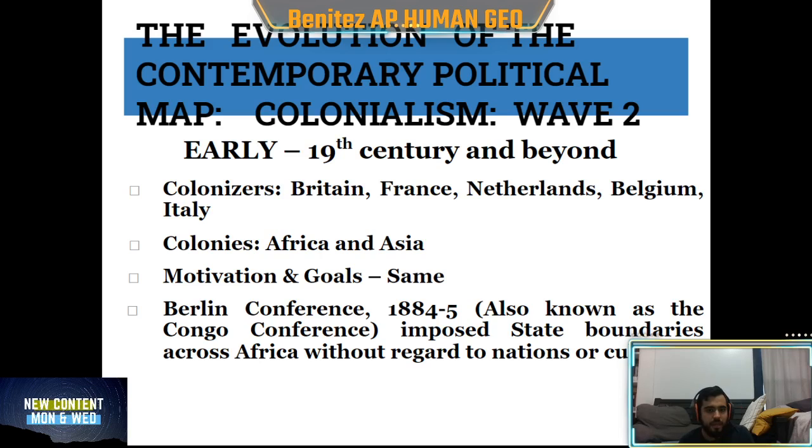And the bad thing about this is people who live in those areas were being taken advantage of, all their resources were being taken, and they were being pushed aside, while the colonizers were benefiting from all this extraction and exploitation. The only reason they wanted to get resources was to build up their own country.